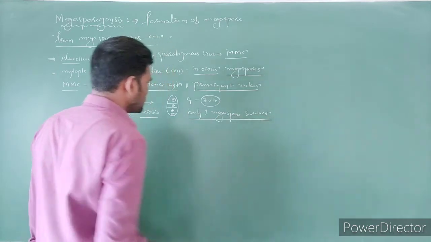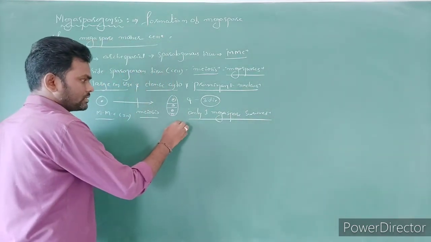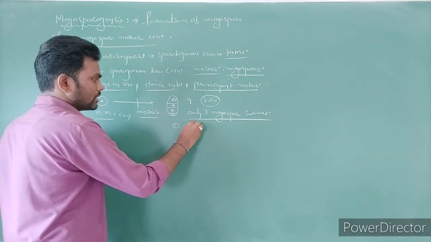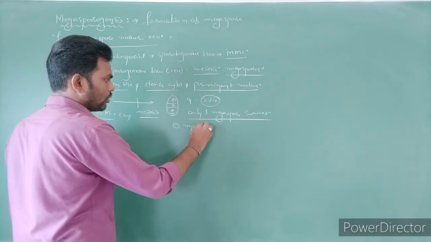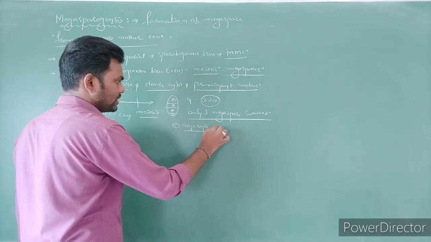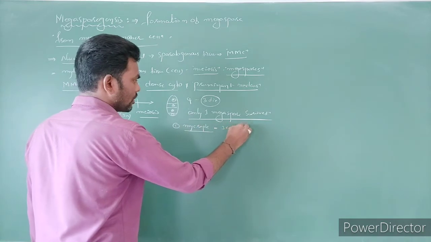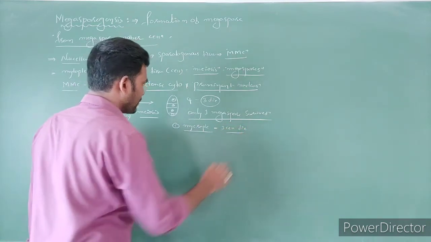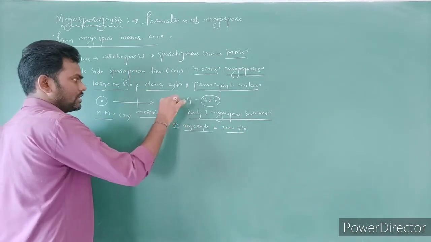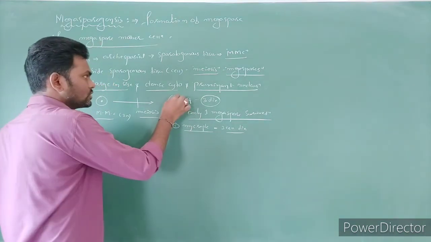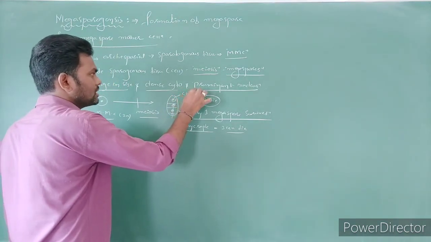In this case, on the micropyle region, 3 cells are going to die. Which cell is going to survive? Only the chalazal side.